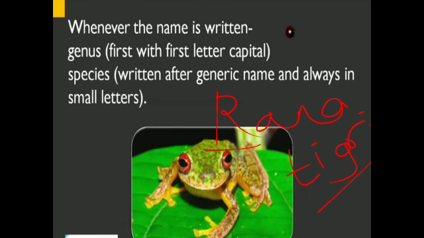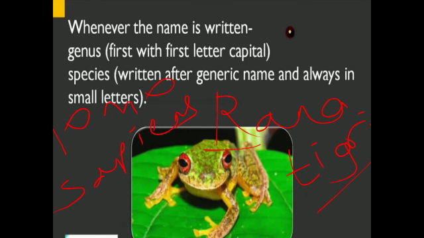If we take the example of humans, the scientific name of humans is Homo sapiens. Homo, H is written in capital letter and sapiens is written in small letter.